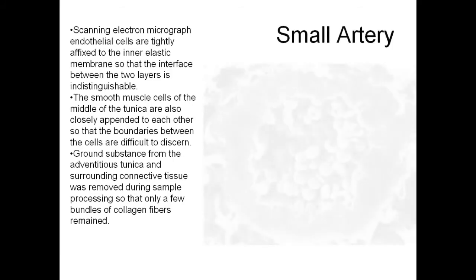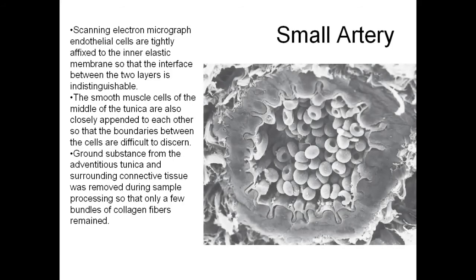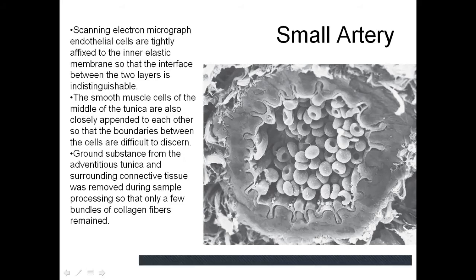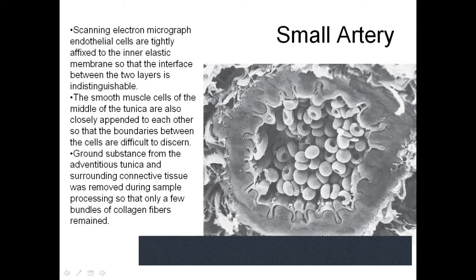You needn't worry too much about this, but this is an electron microscope view of the same type of artery that you've just seen. You can see again the red blood cells in the center of this artery, and very obvious that they're biconcave discs of hemoglobin.